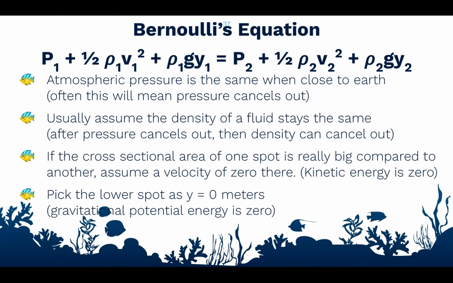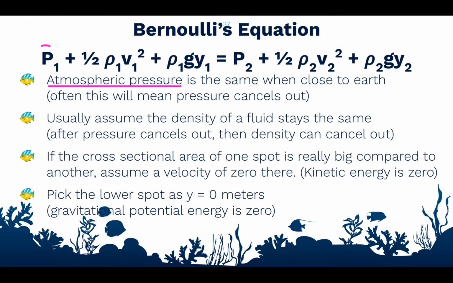Both the easiest and the hardest part about Bernoulli's equation is figuring out where your zeros go, or what things cancel out. So the first thing I want to notice is atmospheric pressure. Let's say we have something that's open to the air on both sides, like a pool and a hose, where both ends of the system are open to the atmosphere.